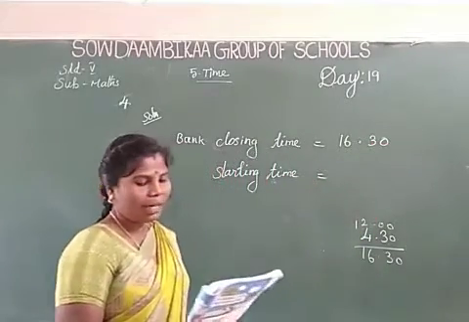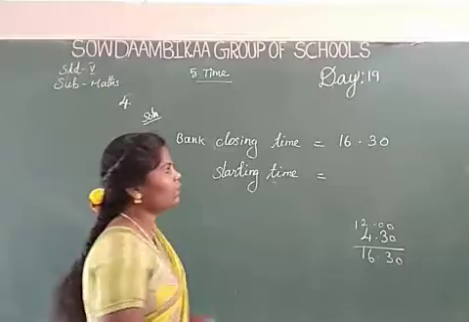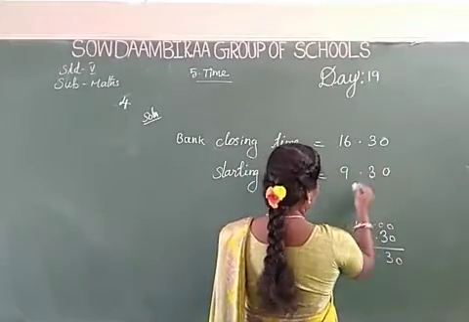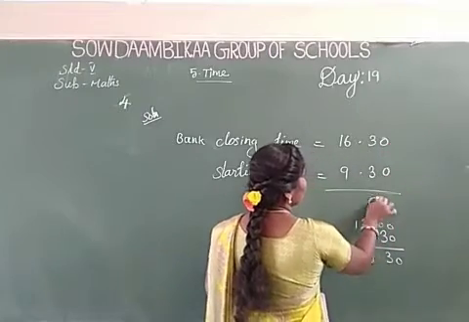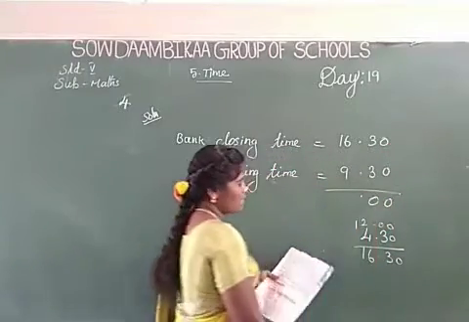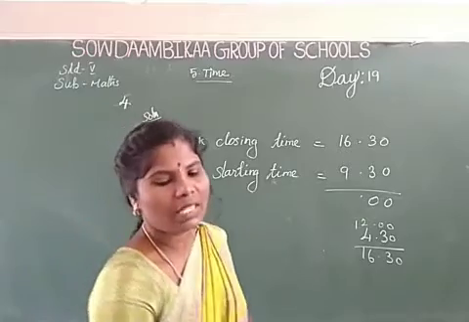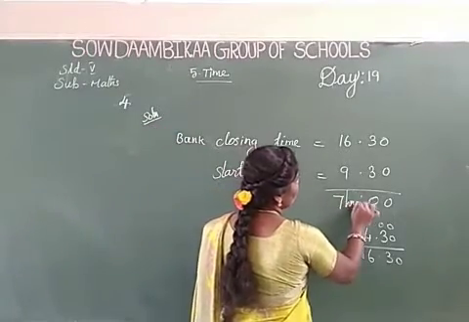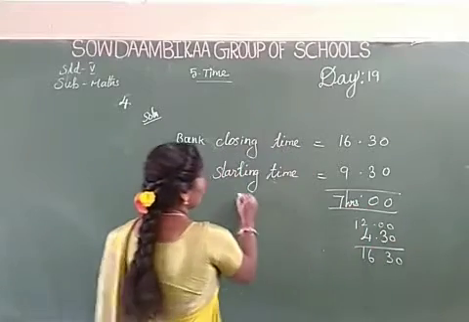Next step, the bank starting time is 9:30, 9 hours 30 minutes. Okay, 30 minus 30 is 0. 16 minus 9, how much? 7. So the working hours are 7 hours only.